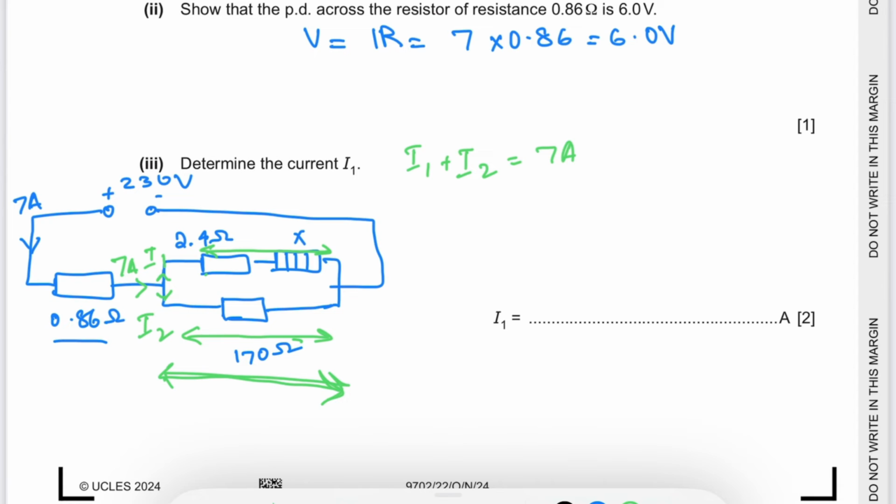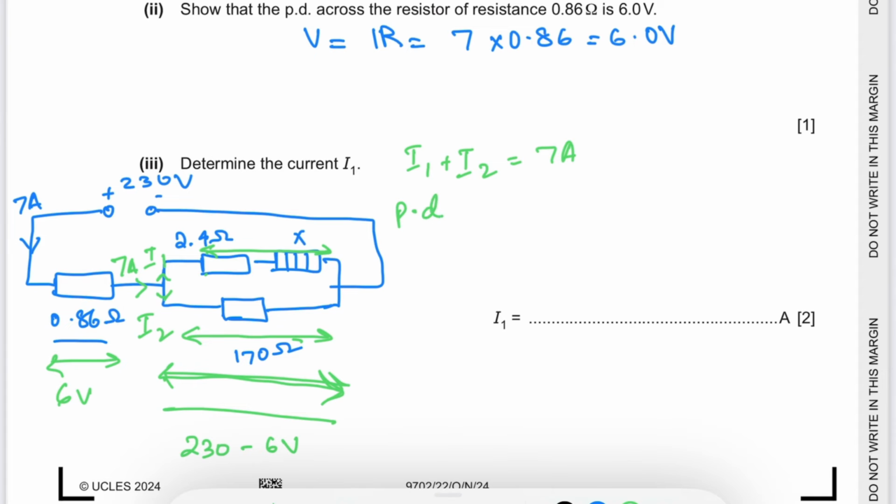According to Kirchhoff's second law, the sum of EMFs around a closed circuit must be equal to 0. We just found that the potential difference across the 0.86 ohm resistor is 6 volts. That means the voltage available to the combined resistors over here would be 230 minus 6 volts.